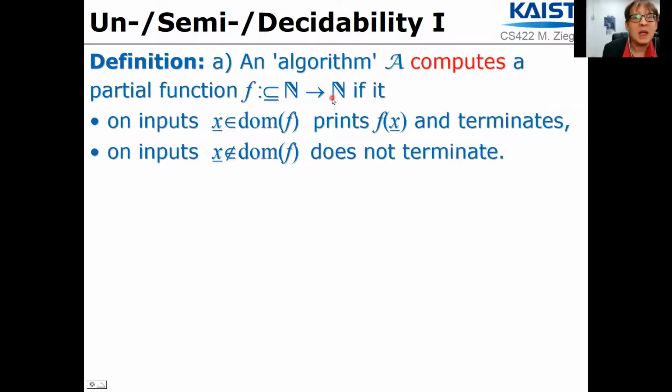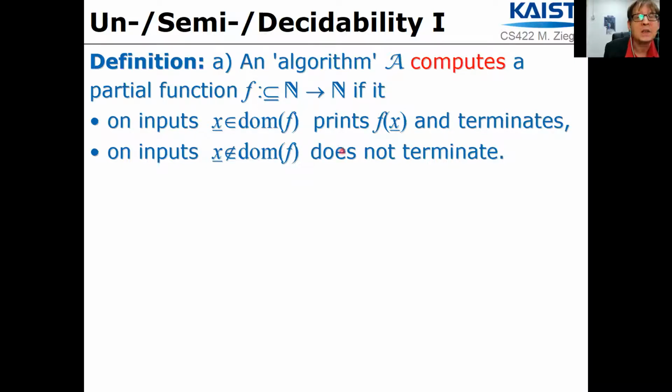The maybe less obvious part, and therefore important that we do take the effort of formalizing that, is what is the algorithm supposed to do when the input natural number does not belong to the domain of the function, that is, when the function is undefined on that input.